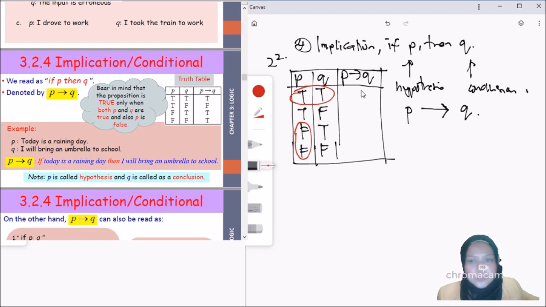So the proposition is true in those cases, and the others are false. That is the truth table for implication.